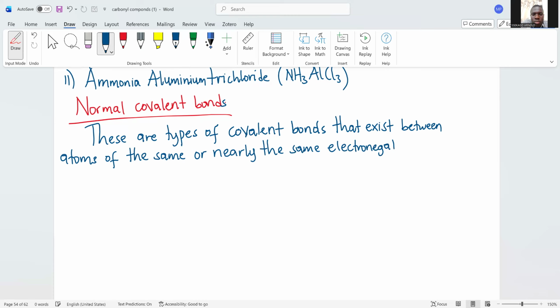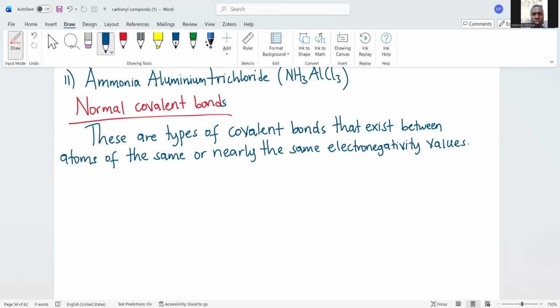These are types of covalent bonds that exist between atoms of the same or nearly the same electronegativity values.